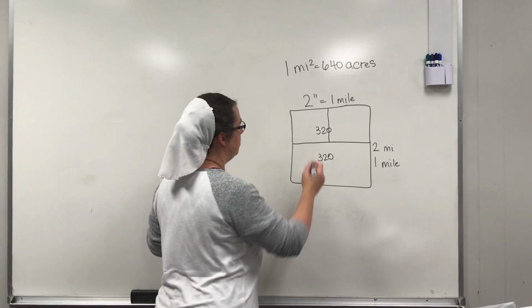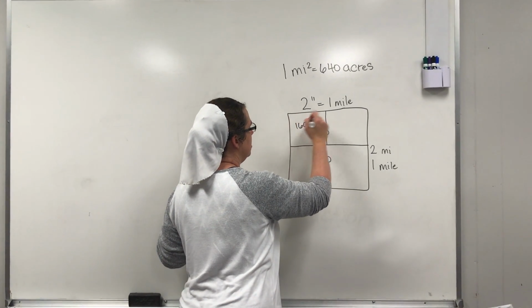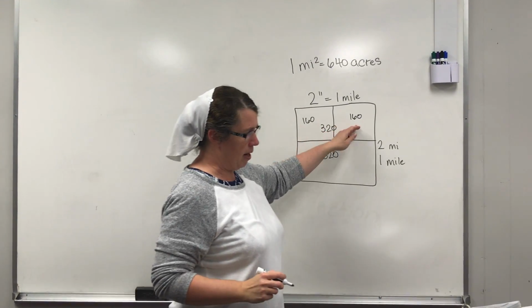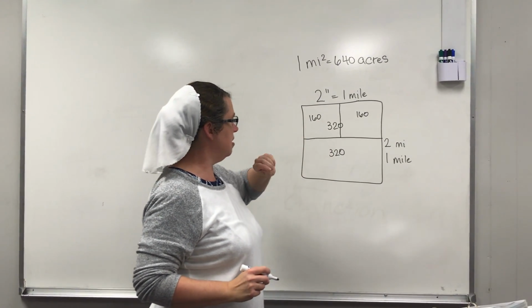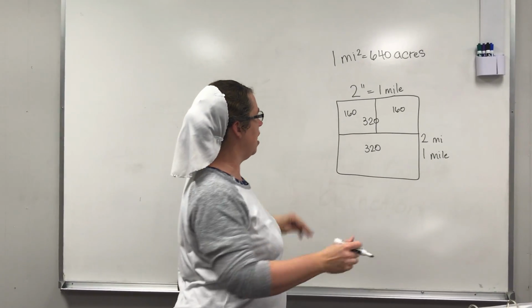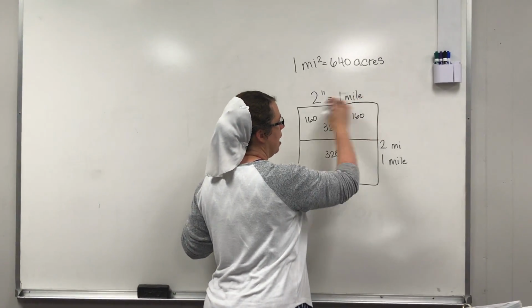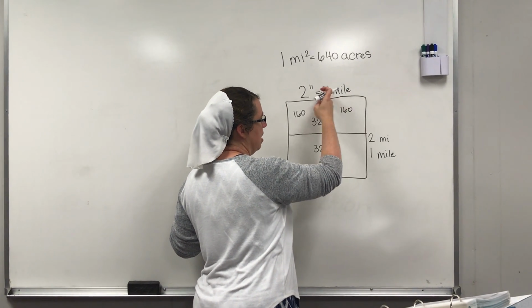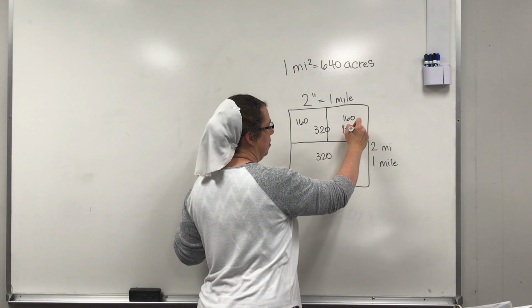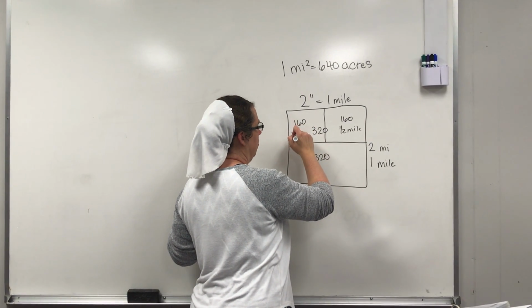It is 160. Okay, so each one of these boxes is 160, and it says, and it measures how many miles on each side. So remember, this whole line was 1 mile. If we divided it in half, each half is a half a mile.